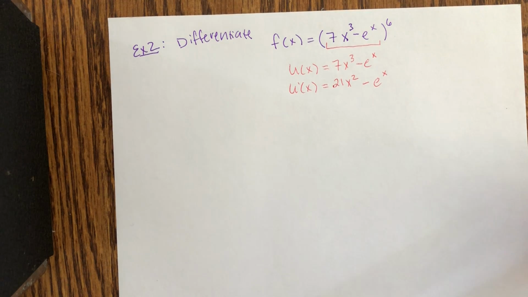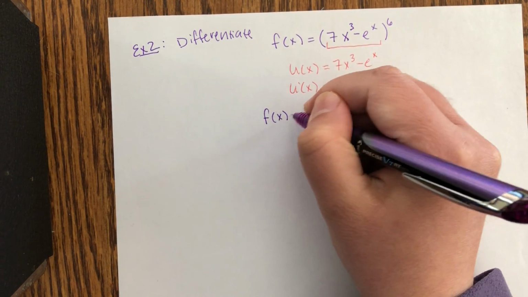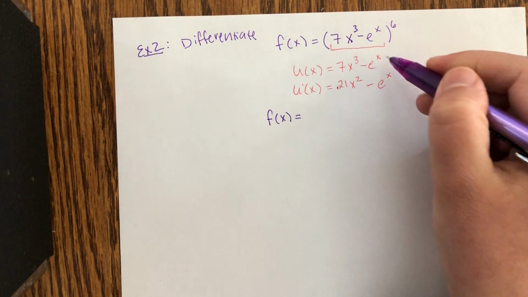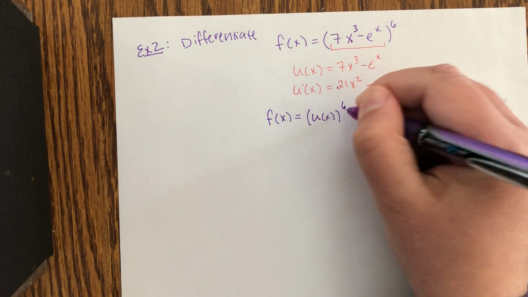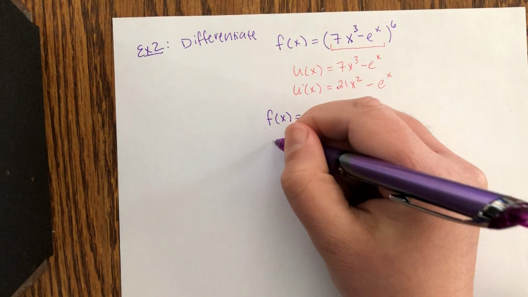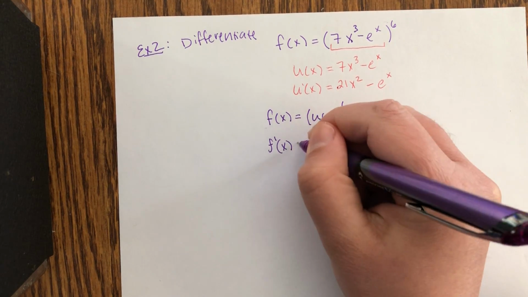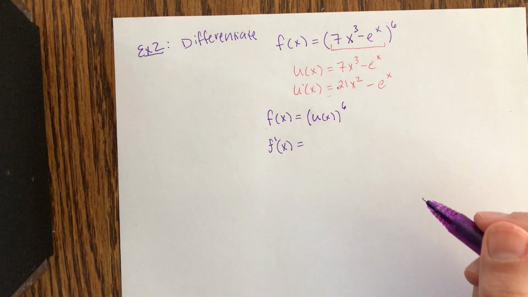Okay, so now I'm going to go back and rewrite my original function f of x as this inner function u of x raised to the 6th power. Now, according to the chain rule, to find the derivative of f, I take the derivative of this function with respect to u of x, and then I multiply by u prime of x.